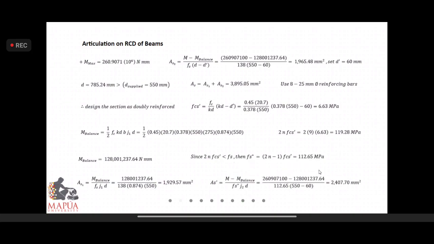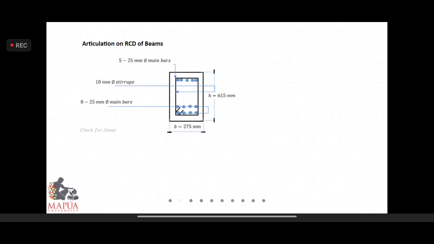Then we compute for the compression bar requirement. And this will be the excess moment divided by FS double prime times J2D, which is equal to effective depth minus D prime. It requires 5, so we have this. And this is the correct setup already.